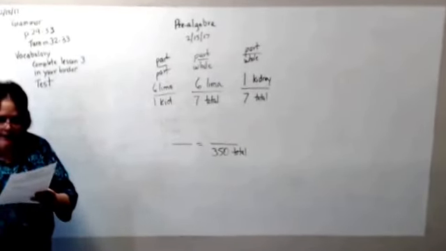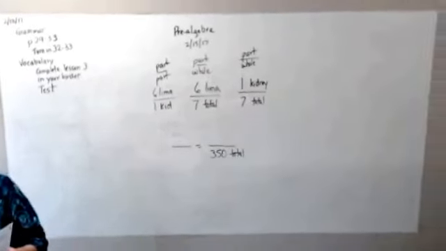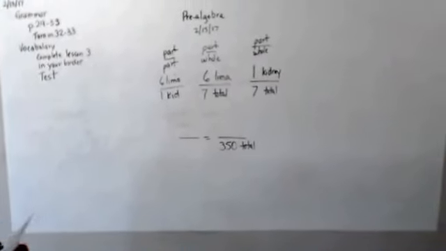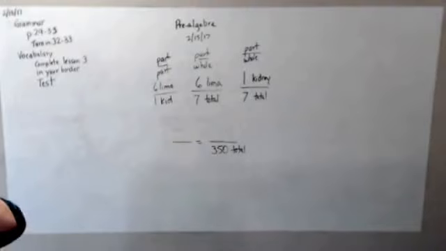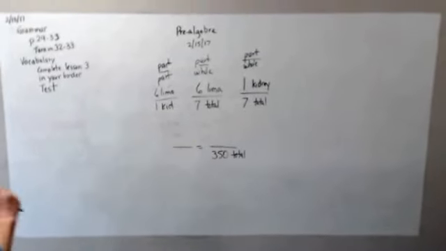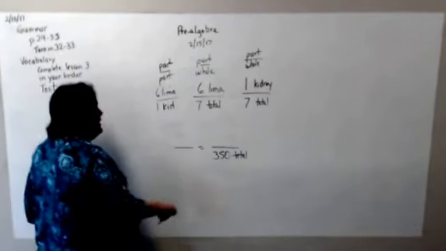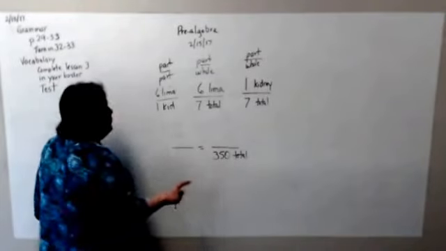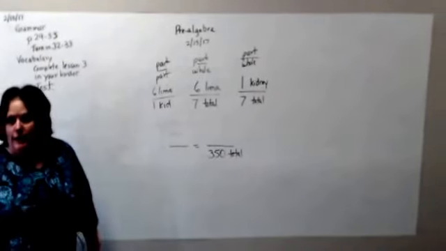Now they say, just imagine, if there are 350 beans total, what is the ratio of kidney to lima? This is going to be tricky.